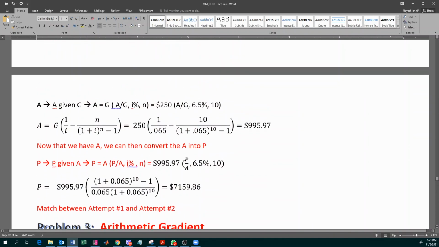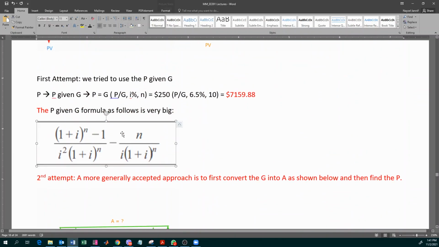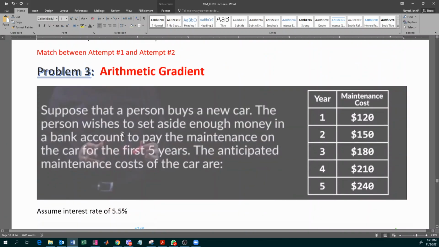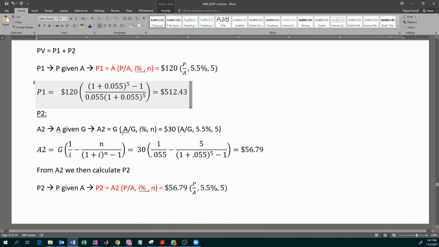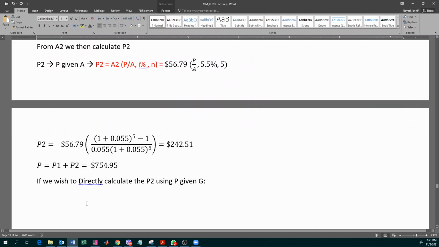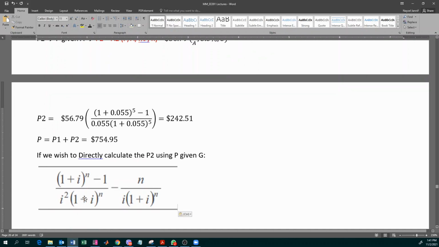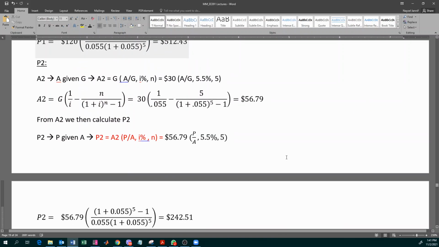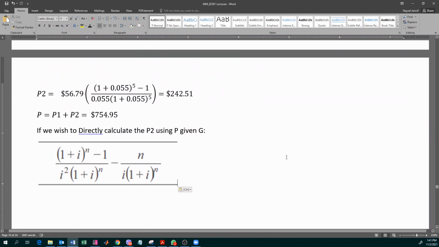Let's see if we wanted to use the P given G. Same answer? Yeah, using P given G. If we use P given G, what answer do we get? You should get the same answer for P2, which is $242 and so forth.